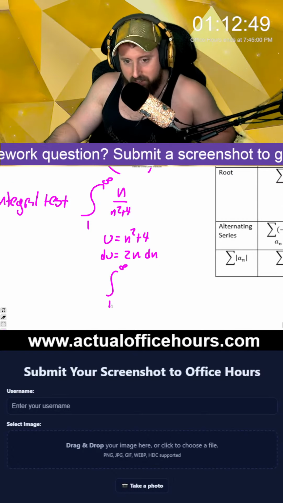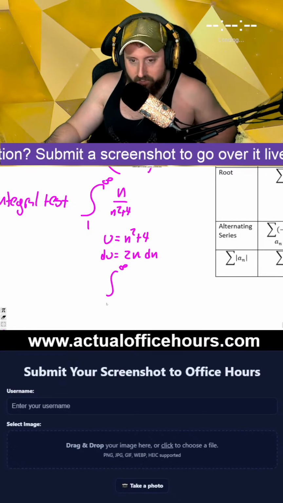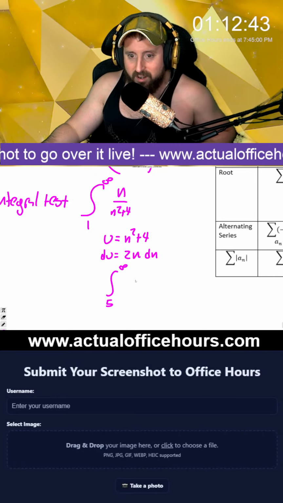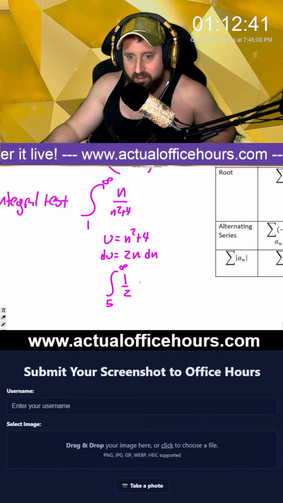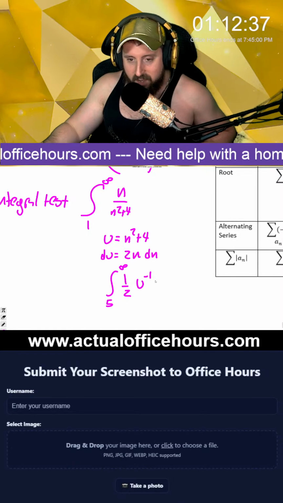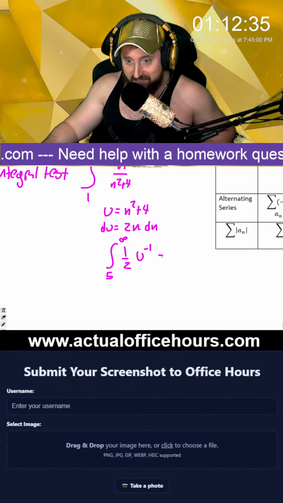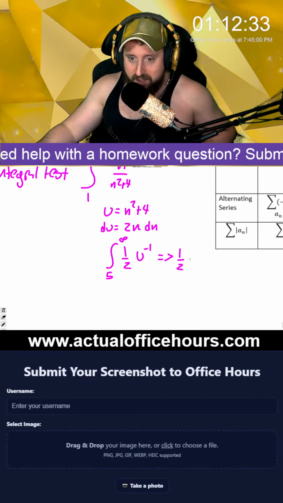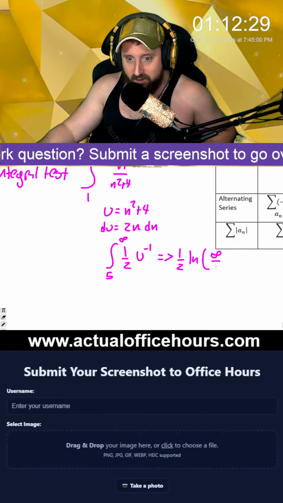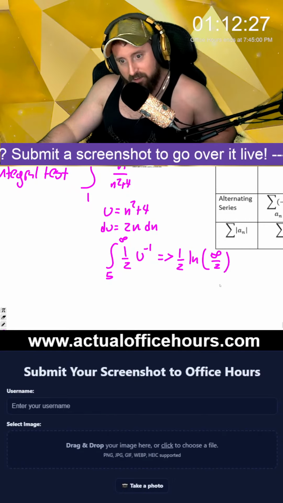It's technically not 1, it's technically from 5 to infinity, but whatever. 5 to infinity of 1/2 u to the minus 1. And if you integrate that, you get ln. Oh, that's cool.